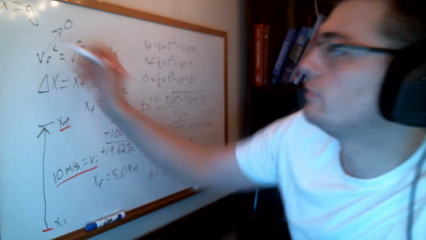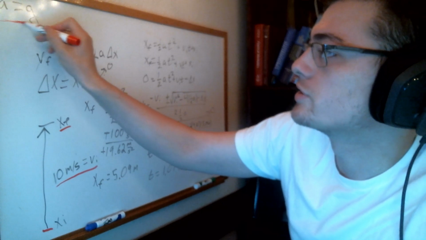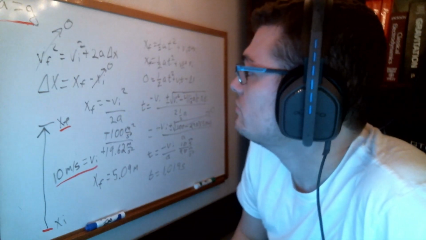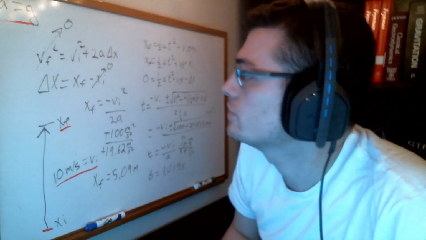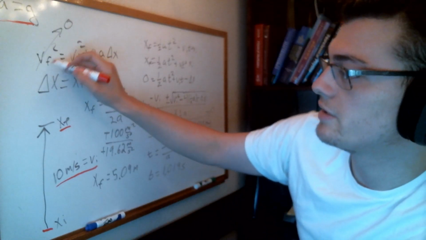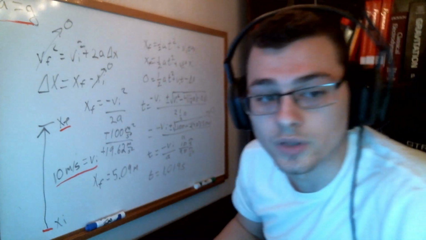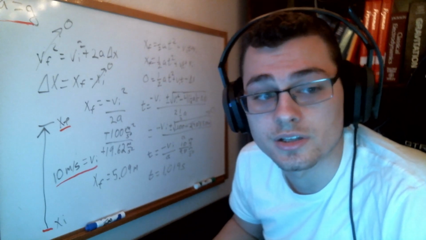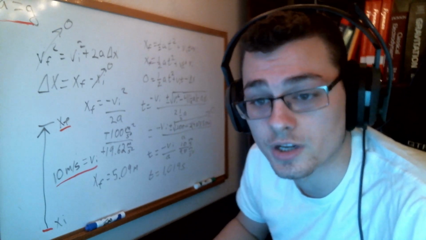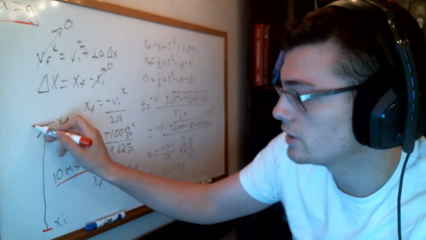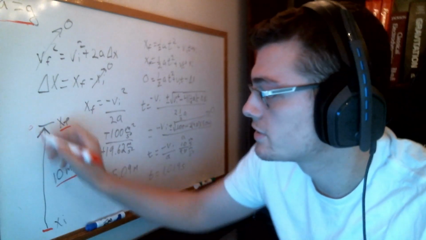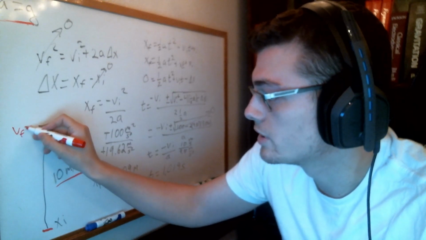So first off, we have to note again that a is just equal to g here. And here we can take our kinematic equation and immediately say that the final velocity squared is going to be equal to 0, because at its peak, it's going to stop for a second. For just an instant, its vf is going to be equal to 0.